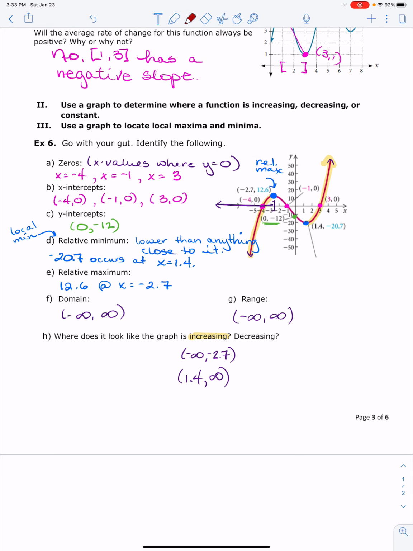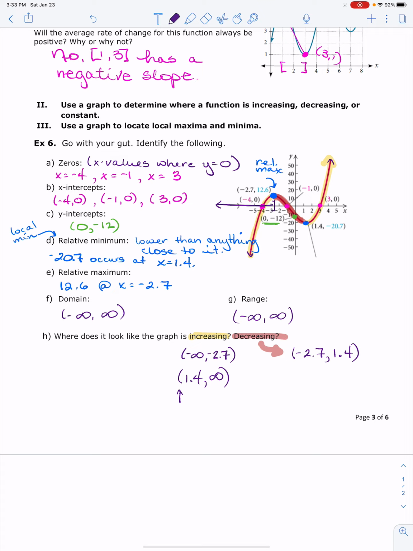Decreasing, right down here in the middle, from negative 2.7 to positive 1.4. Our graph is going down as we read from left to right. So decreasing here from negative 2.7 to positive 1.4.